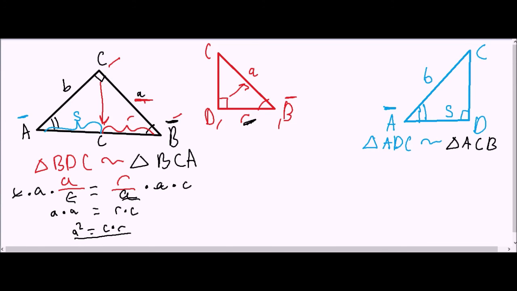Now what similarity statements can I write? Well, I want a B squared, so I'm going to say B. Now, what side corresponds to B on this triangle? Well, we already said that B is opposite of the 90-degree angle, and the side opposite of the 90-degree angle on the black triangle is C. Now, what is that equal to?